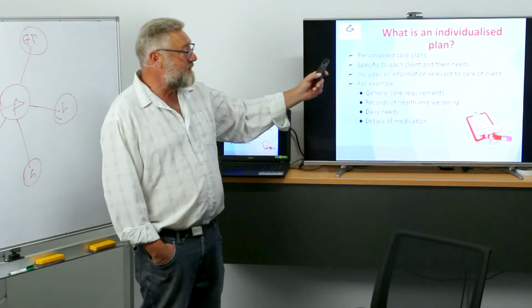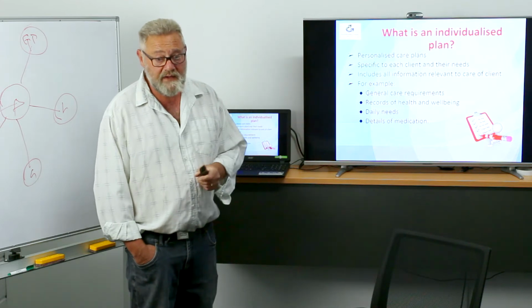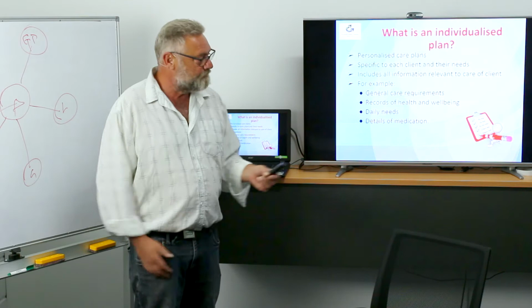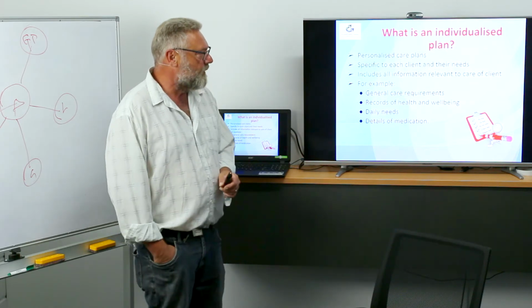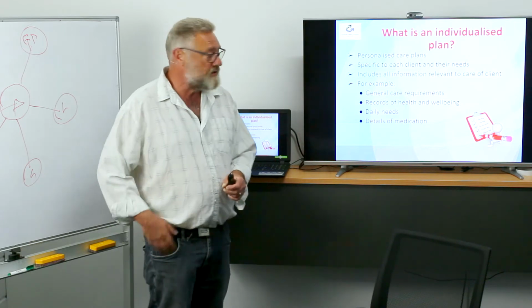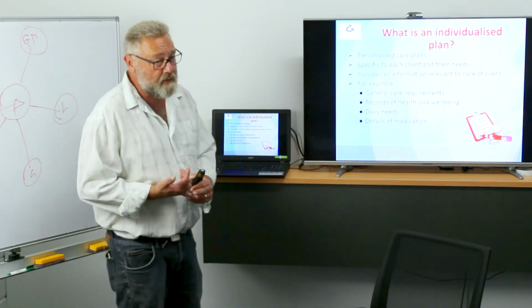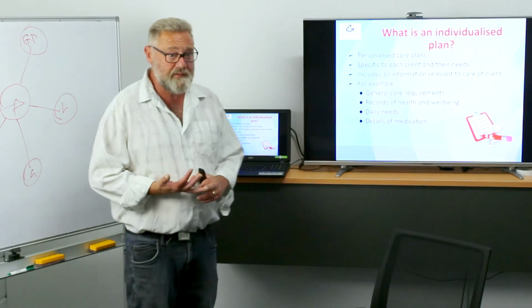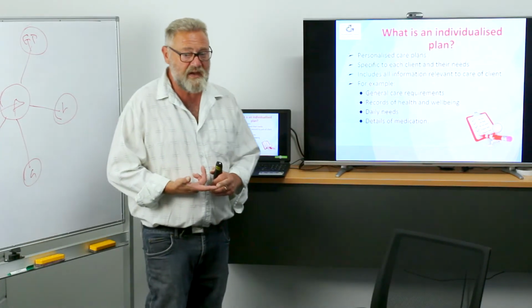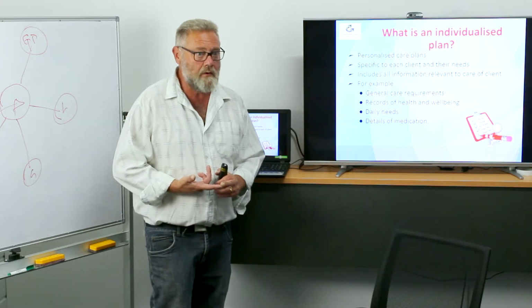Each plan is specific to each client and their needs, because everyone is different, everyone has different needs. It includes all information relevant to care of the client. So we're talking general care requirements, records of health and well-being, daily needs, details of medication, and a whole lot more.